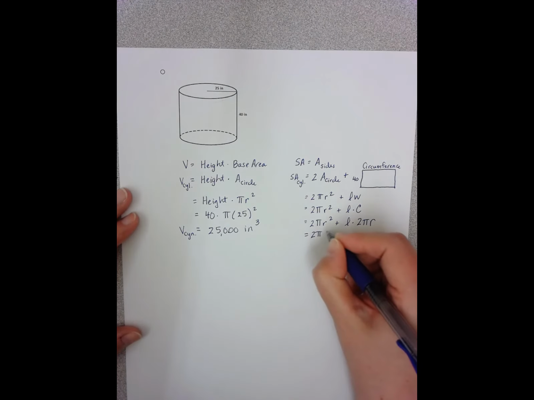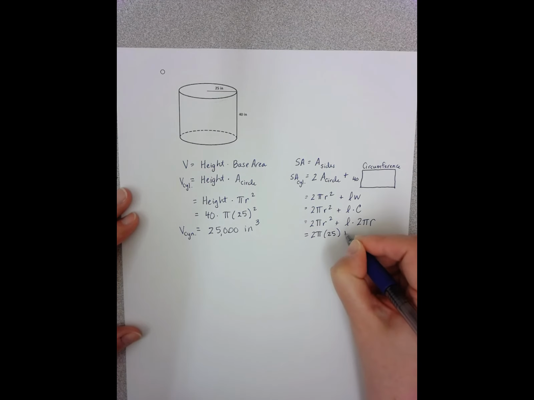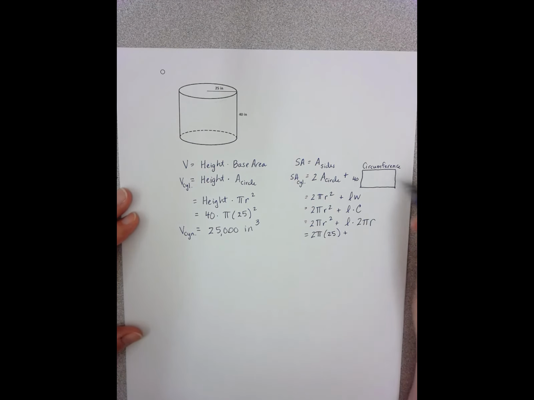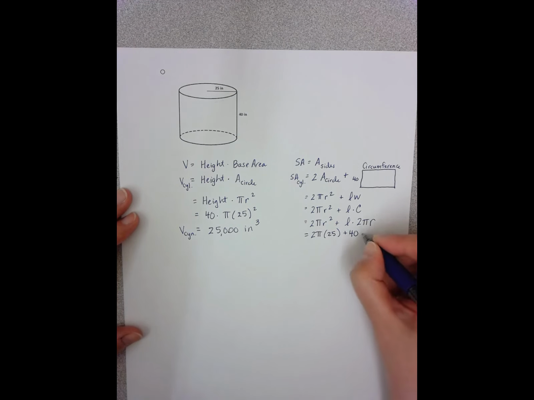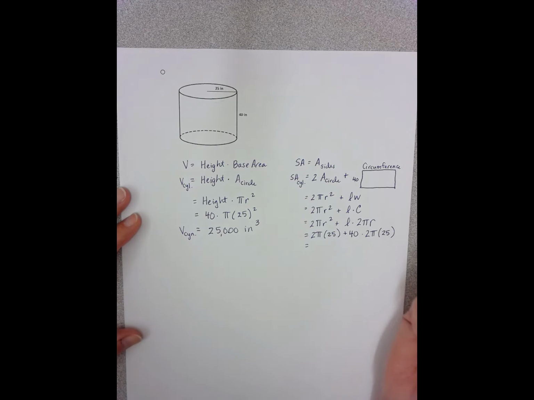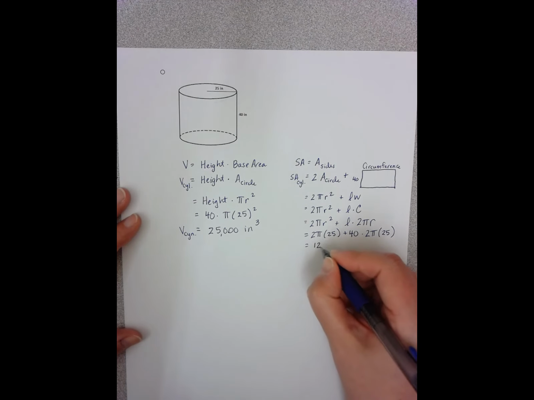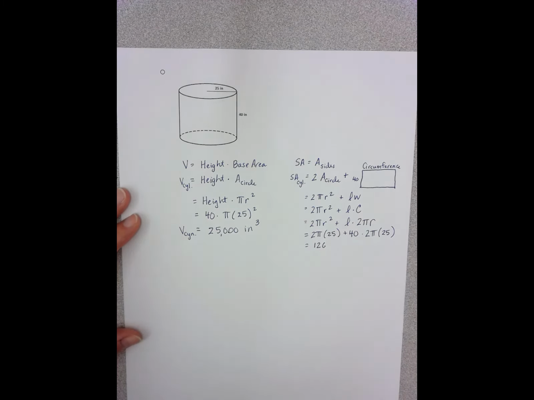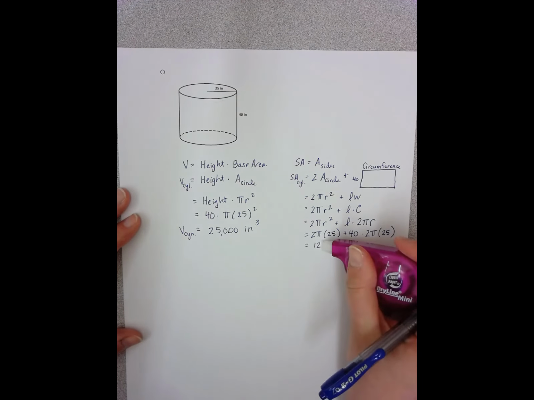My radius, again, is 25 inches. My width in this rectangle is 40. My radius, again, is 25 inches. We can simplify this. This is going to be 1,250 pi.